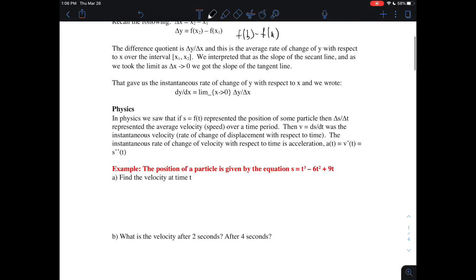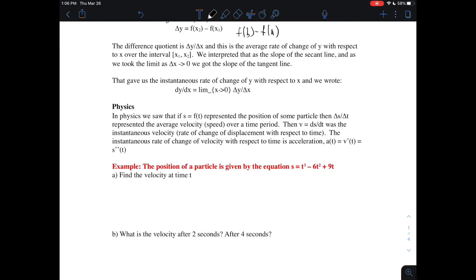So one application that we've actually seen was in physics. We saw that if s is equal to f of t, meaning s is a function of t, and that represented the position of some particle, then delta s over delta t represented the average velocity over a time period.